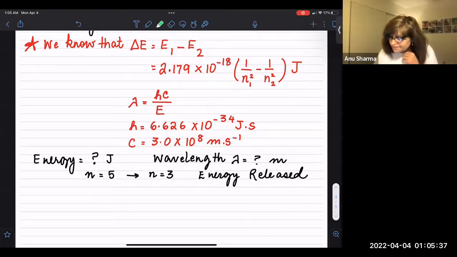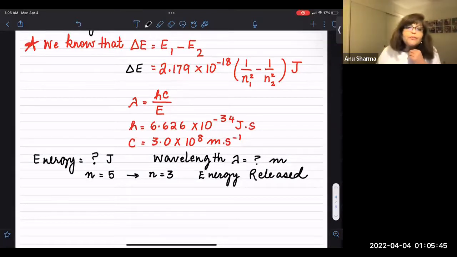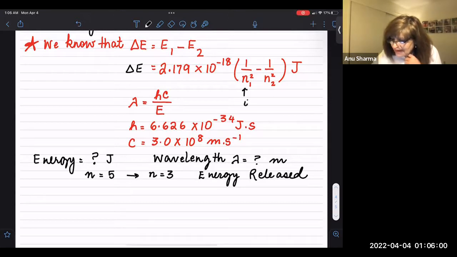In other words, the delta E value, the change in the energy, is equal to 2.179 times 10 to the power negative 18 times 1 over n1 square minus 1 over n2 square. That is the initial, and this is the final.